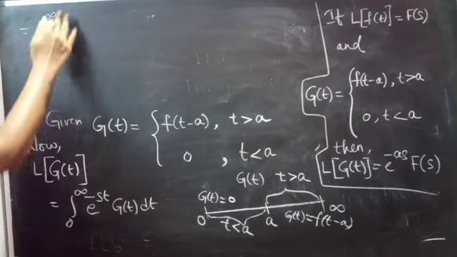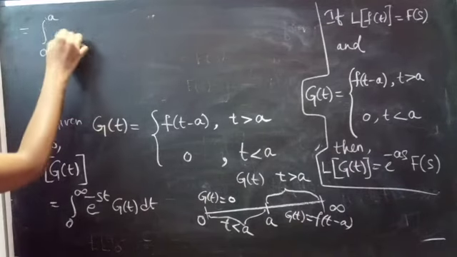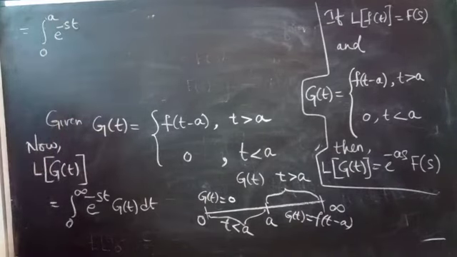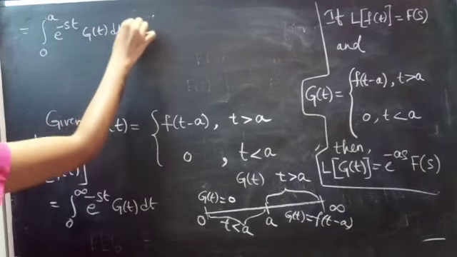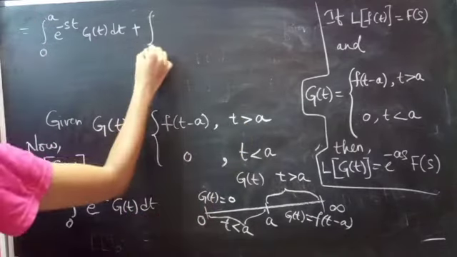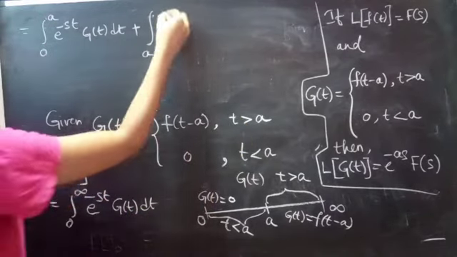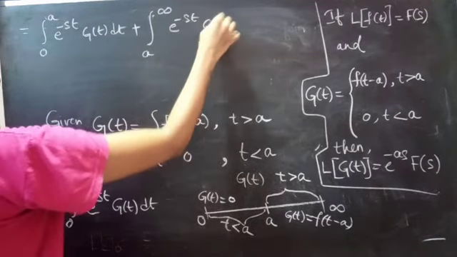So 0 to a of e power minus st into g of t dt, plus, now the second part, a to infinity of e power minus st into g of t.